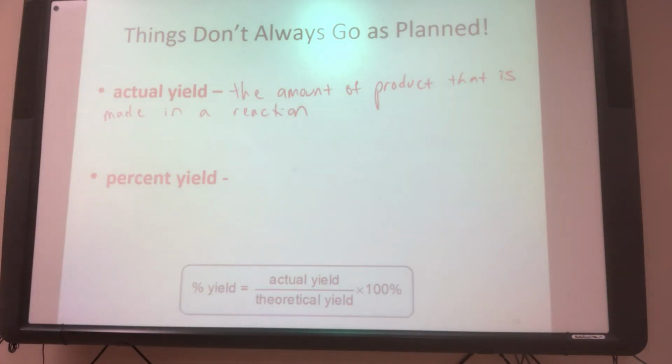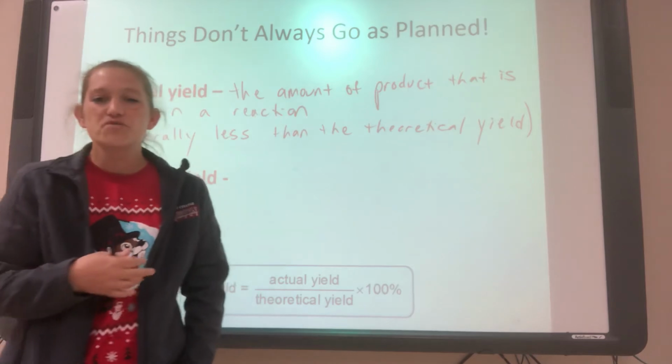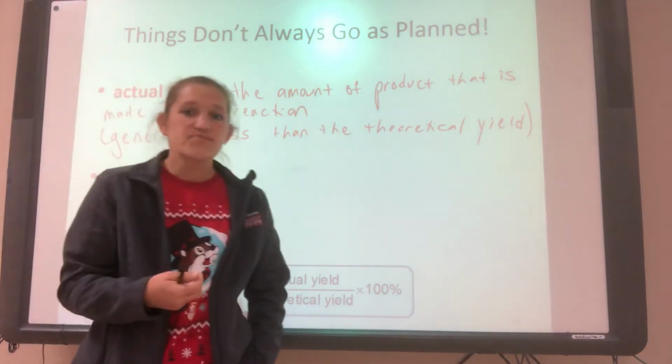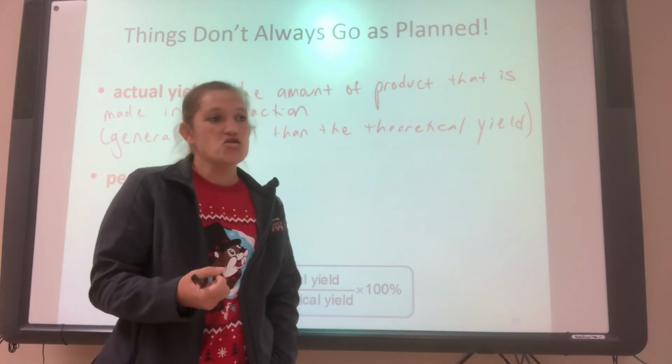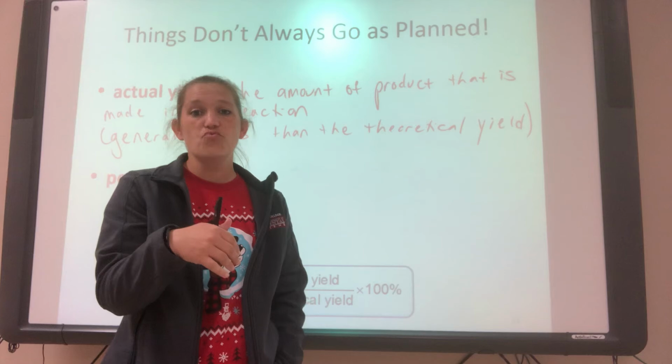So this is generally less than the theoretical yield. You're not going to say, I can make 3 sandwiches, and then somehow make 4. You don't just magically create things. The reason we say generally is because sometimes water or something can get into what you're making.